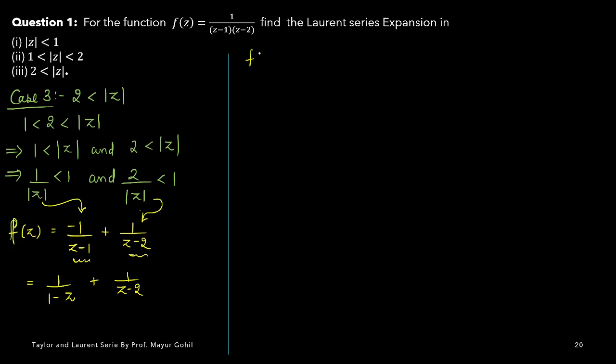So what I can do, I'll take z common. The moment I take z common, I will have 1 upon z minus 1 plus 1 upon z taken common, I will have 1 minus 2 upon z.